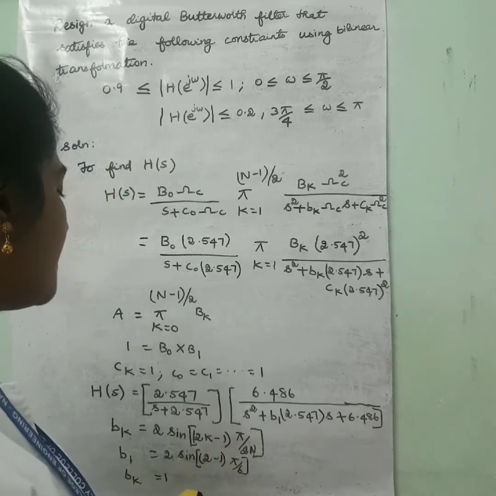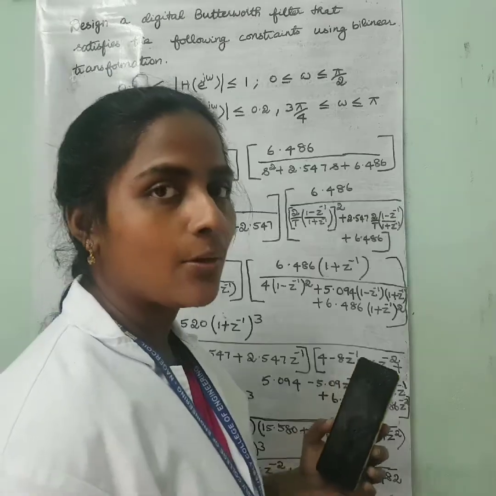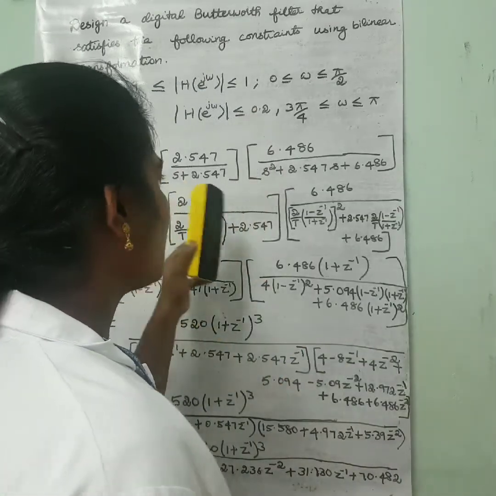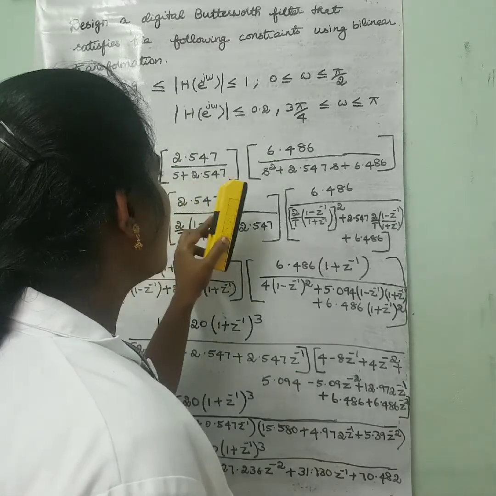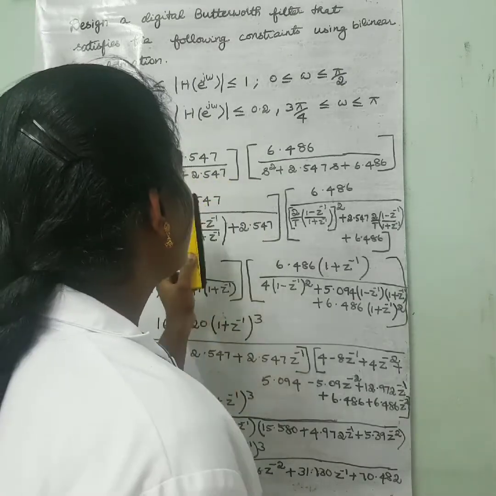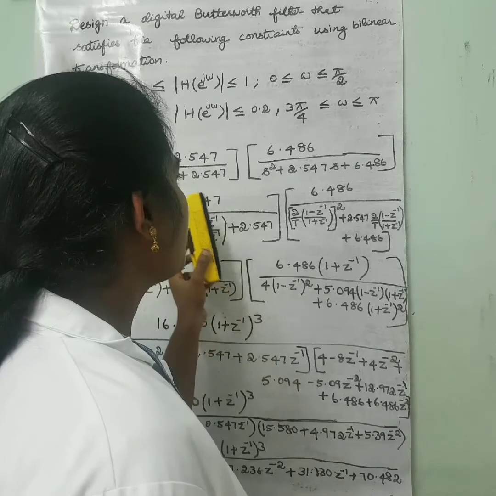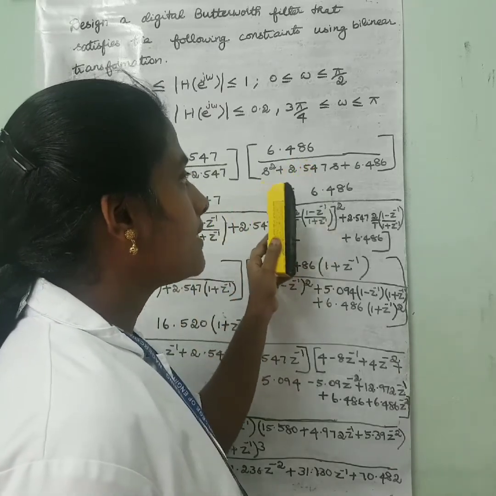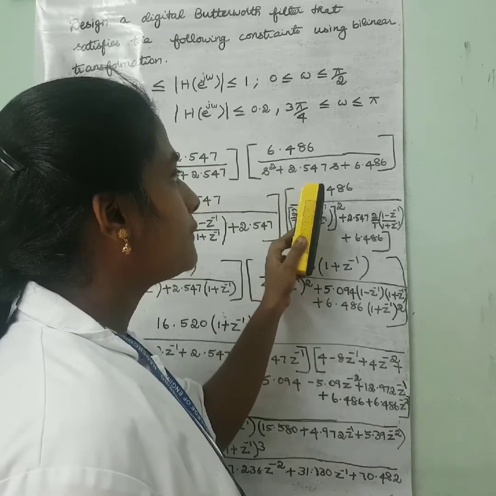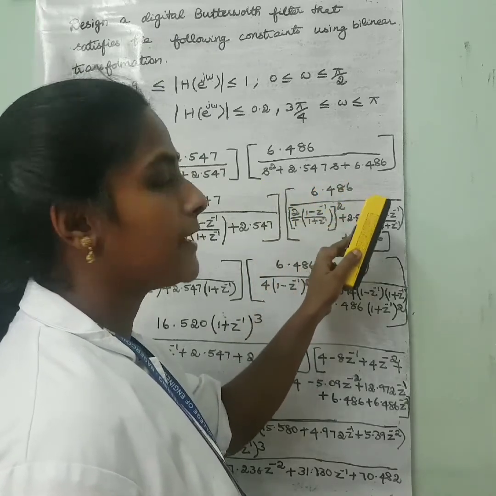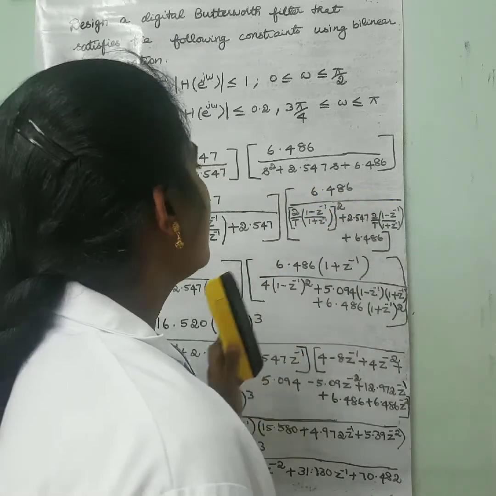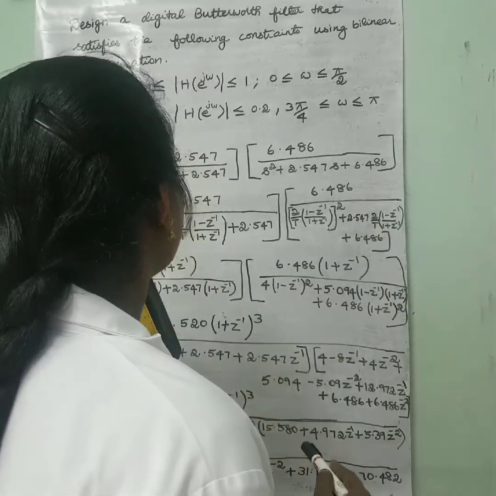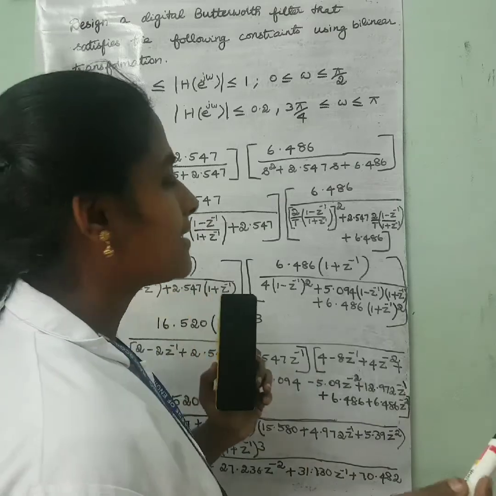So the value of b1 is equal to 1. So our transfer function is H(s) = 2.547 divided by (s + 2.547) into 6.486 divided by (s square + 2.547 s + 6.486). Now we have to apply the bilinear transformation to convert H(s) to the z transform.